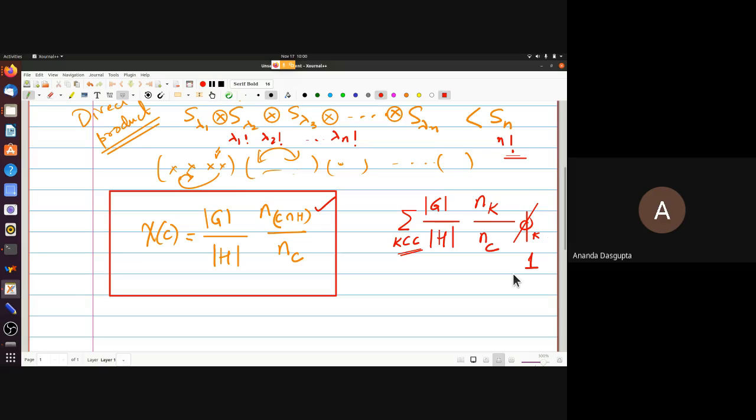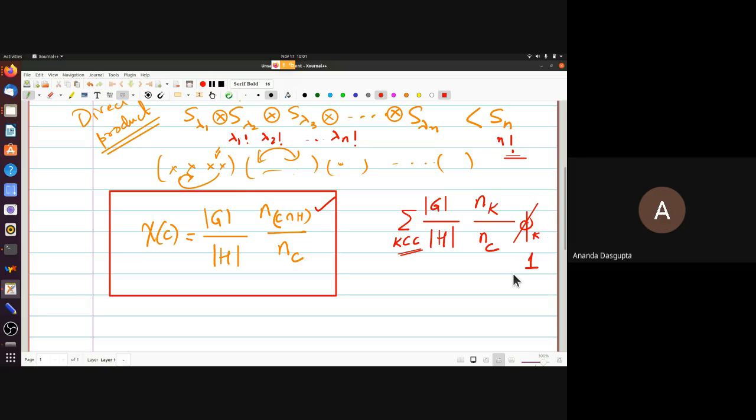Then, of course, that's only one compound character. We would want more, right? Because the number of classes of S4 exceeds just the identity representation and the alternating representation by more than one. So there's more than one compound character to be found out. And so we had to exploit other representations of S3 as well to find S4's character table.